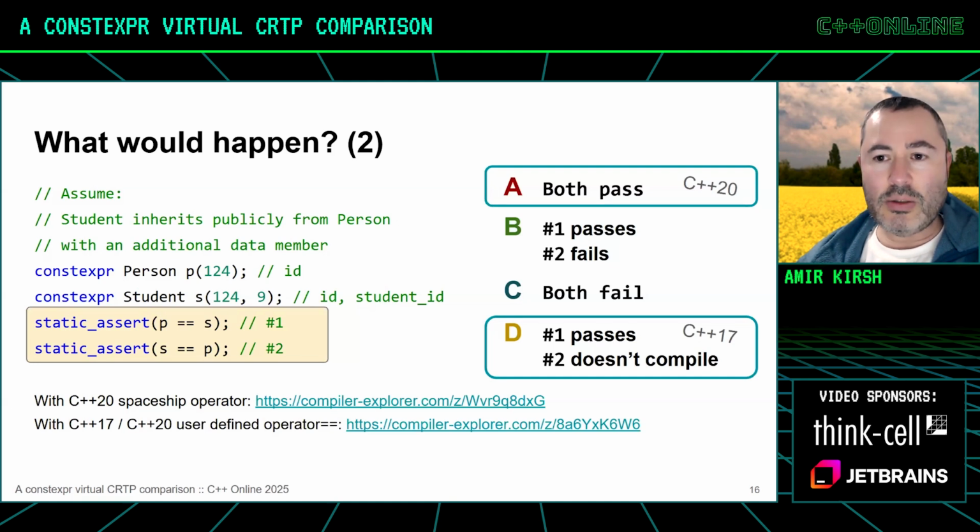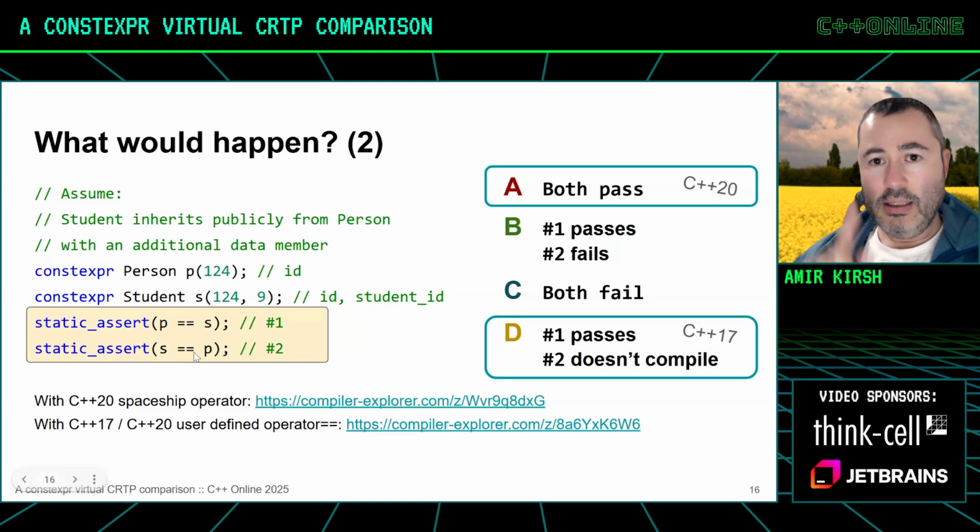The reason that in C++20 both pass is that there is a rule that if a certain call to comparison doesn't find a function, then the compiler tries to switch the arguments. So when we call student comparison to person, there isn't any equality in student that takes person, because student is waiting for an argument of type student, we'll see the code.